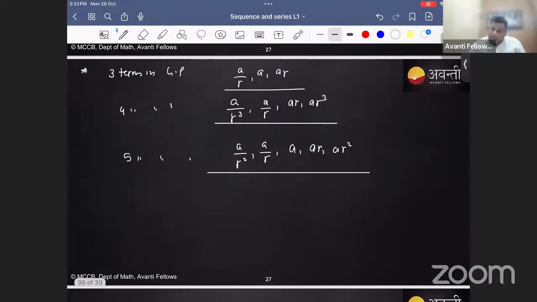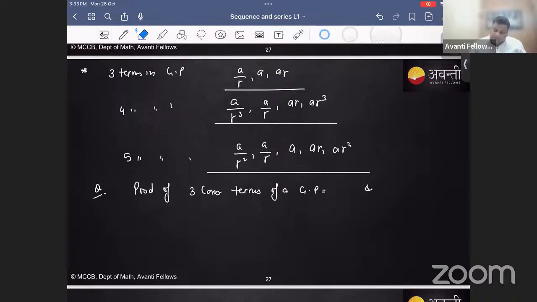If you realize, in all of them the product of these terms is constant. So that is the purpose behind assuming terms like this. Got it? Like a simple question: the product of 3 consecutive terms of a GP is 216, and their sum is 19.